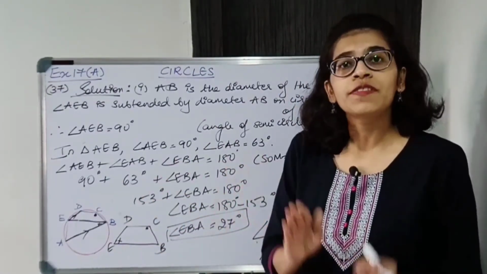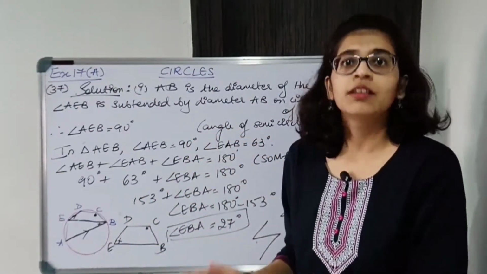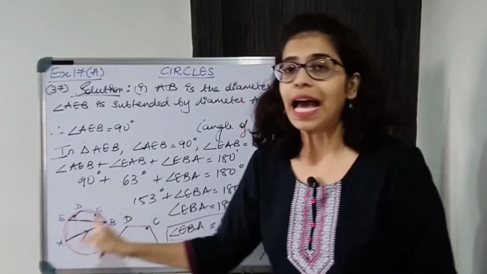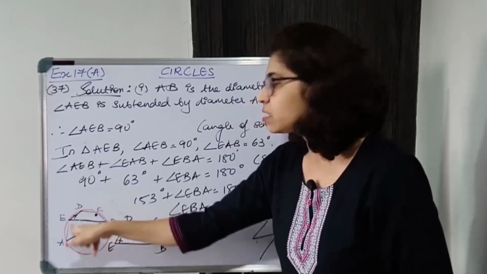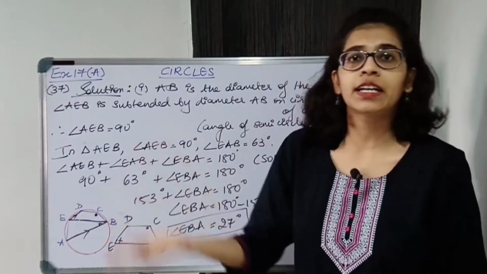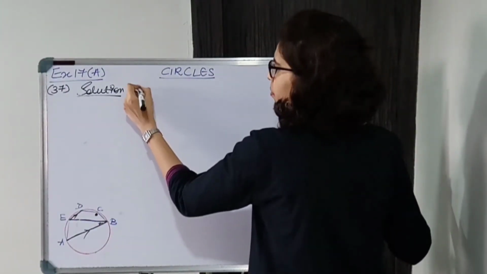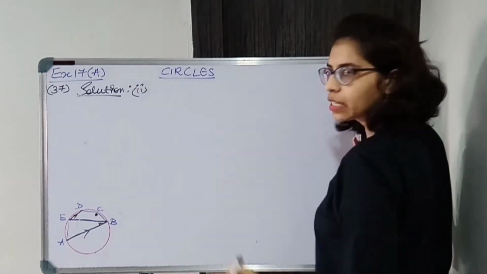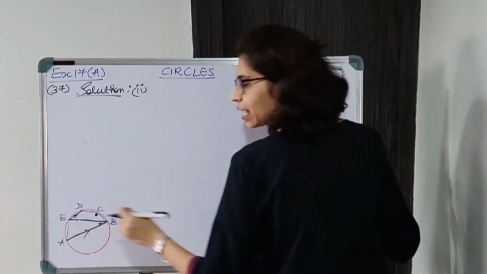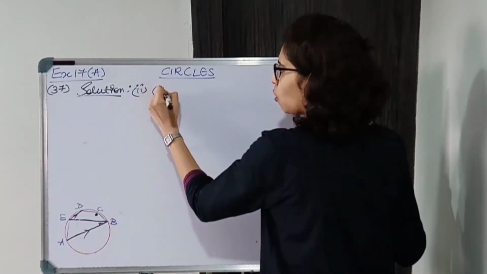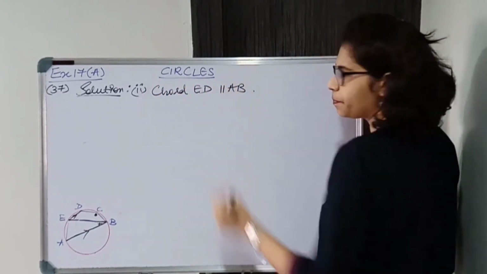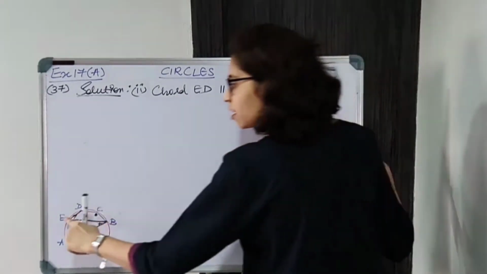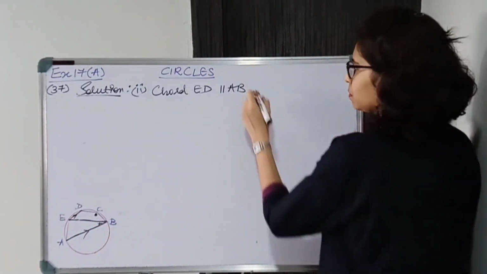Okay, so first we'll consider alternate angles का property. For that we'll write down that these two are parallel, okay, and they are forming alternate angles. Once we get DEB, we'll consider the quadrilateral and then find angle BCD. Now coming to second part, we know chord ED is parallel to AB, we are given. So chord ED is parallel to AB, okay, with transversal EB.